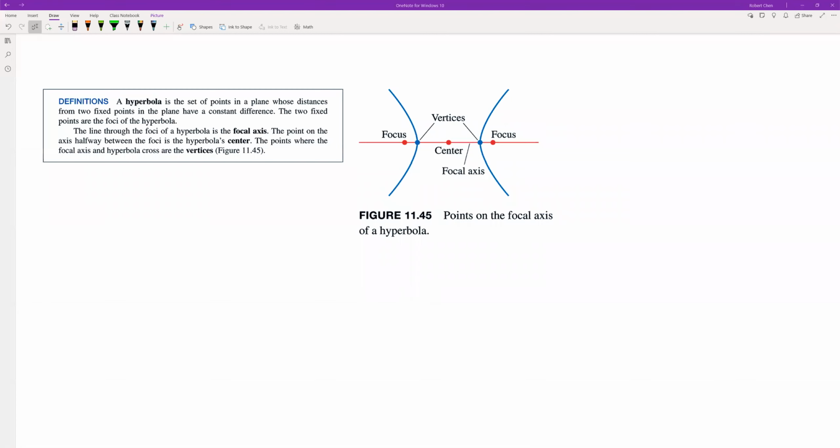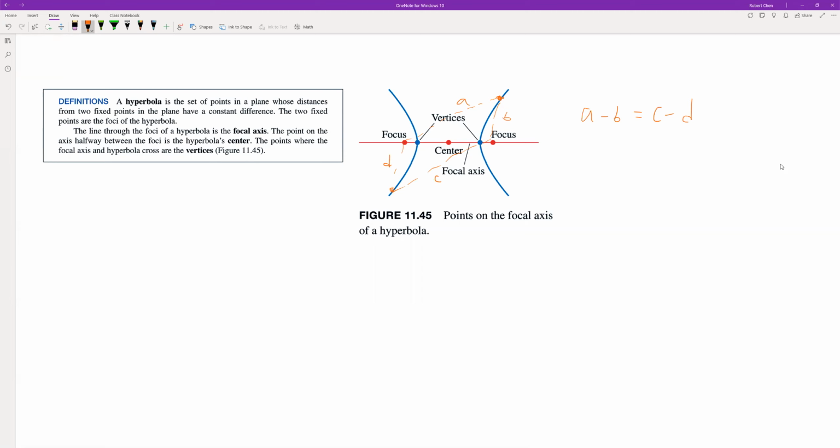Let's say we pick a point on the hyperbola. Then the difference between the distances to the foci, let's say this is A, this is B, and then we pick another point, let's say here, like that, and this is C, this is D. So the difference between the distances to the two focal points, A minus B, is going to be the same as C minus D, which is just a property of the hyperbola.